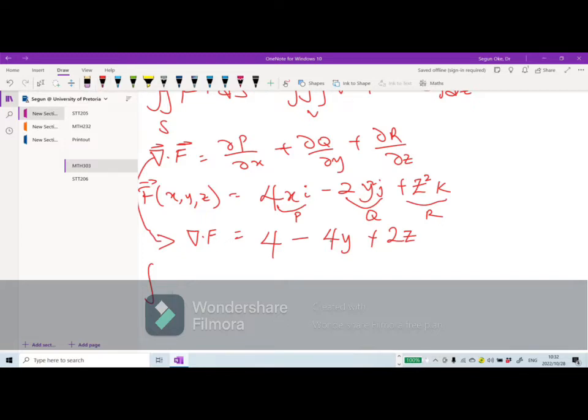But let me write everything here. This is s dot dx. It's the same thing as the triple integral of 4 minus 4y plus 2z dx dy dz.